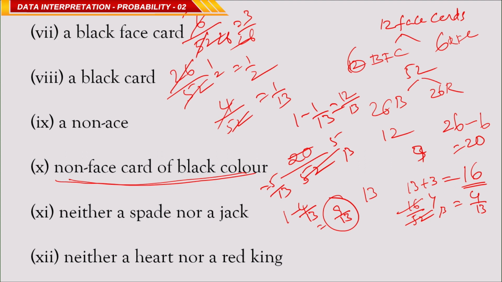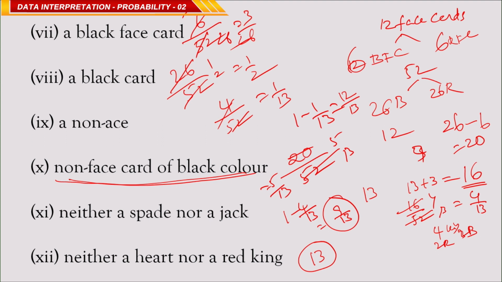Next, neither a heart nor a red king. How many hearts are there? There are 13 hearts. How many red kings are there? Totally there are 4 kings, 2 are red and 2 are black. Okay, so neither heart nor red king here.